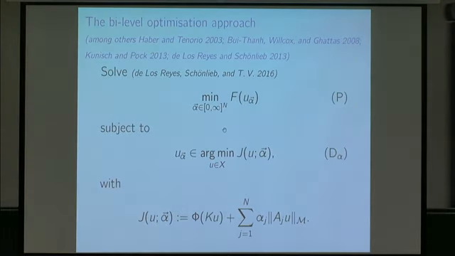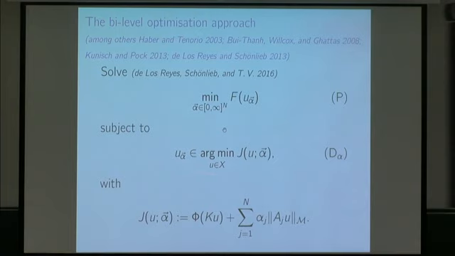And many people have studied these bilevel optimization based approaches for learning. First, just parameters for simple models, but these days people are already also learning forward operators using this bilevel approach, not just deep learning. So here we have some cost functional which measures against some ground truth or other criteria whether the solution u_alpha we get from our image processing model, which is the inner one, is good.